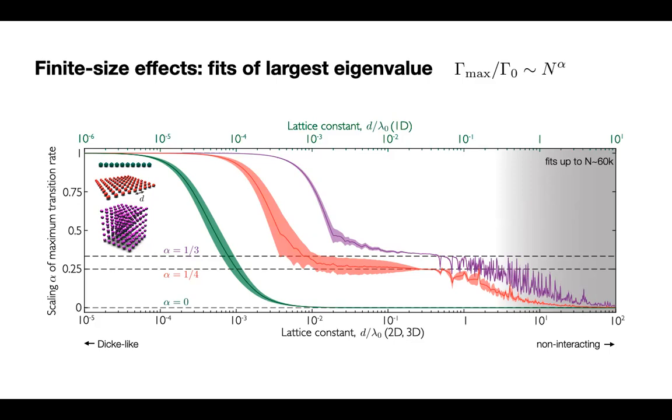Yes, I said that if it's fully disordered, I don't have any comment about it, because we would be able to obtain scaling laws, but I don't know if they are this. One reason is that I don't know if the eigenvector associated to the largest transition rate is delocalized. So it's the first thing that we need to study. And then from there, we can probably numerically just find this scaling of gamma max. We can also use random matrix theory for Euclidean matrices, probably, and maybe from there get something more analytical.